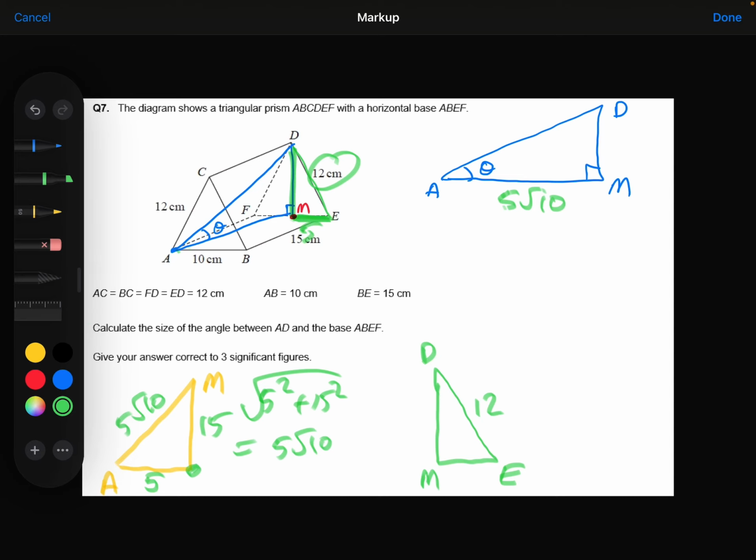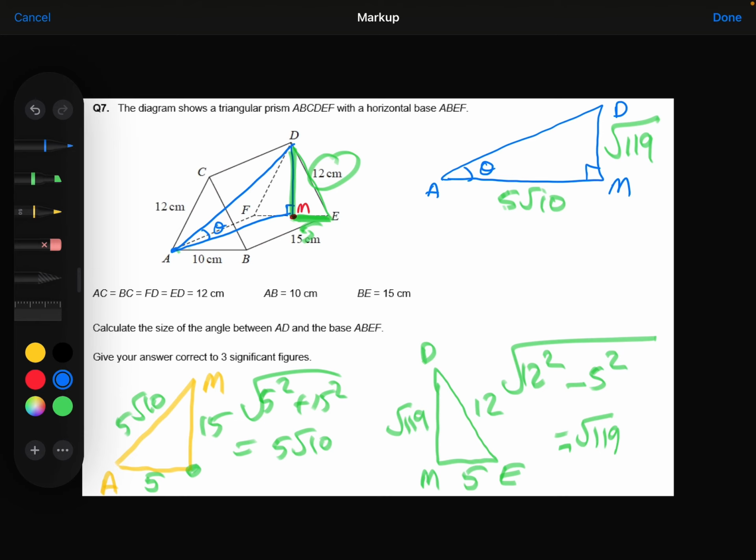So this is 5. So again, a little bit of Pythagoras here. 12 squared is the hypotenuse minus 5 squared, all square rooted, which is root 119. So that's D to M.